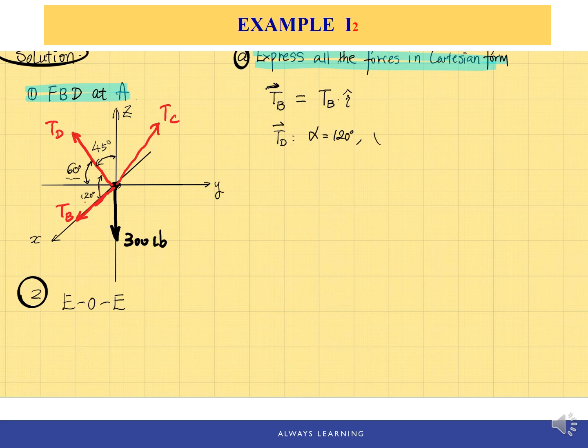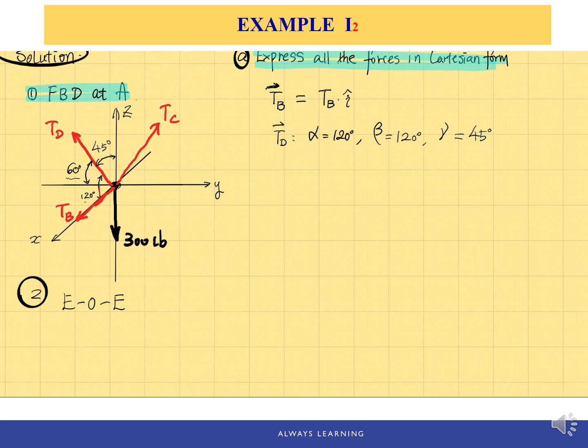Therefore, 60 is not beta, but beta should be 180 minus 60, so it should be 120 degrees as well. Then gamma is the angle between the positive z-axis and the head of TD, which is 45, the given value.